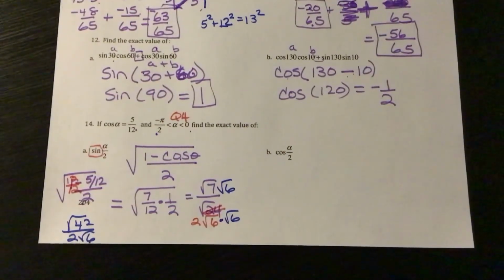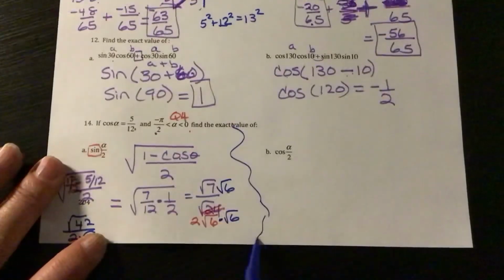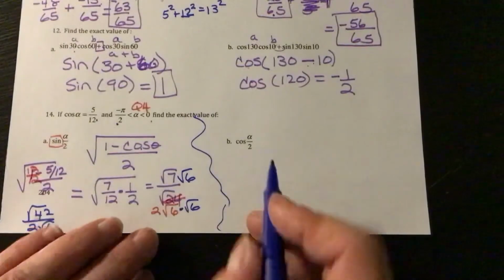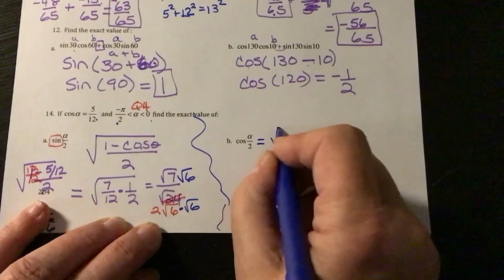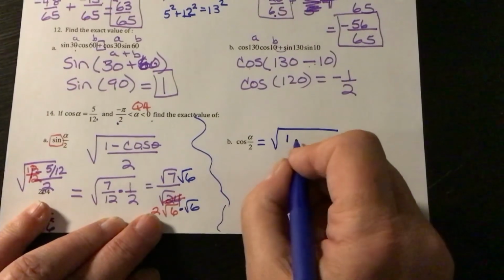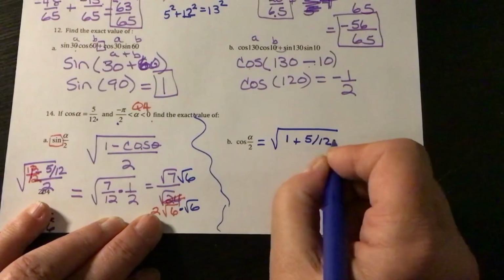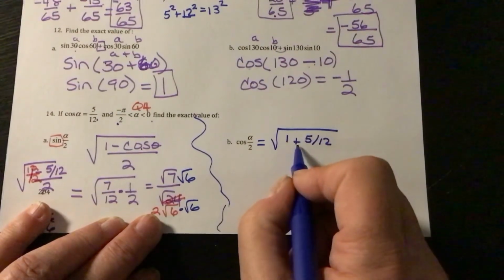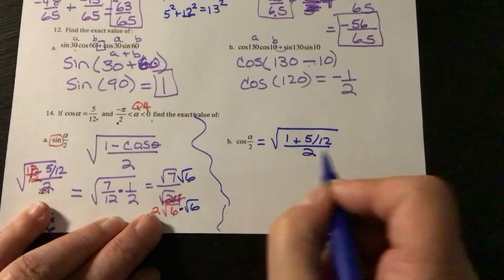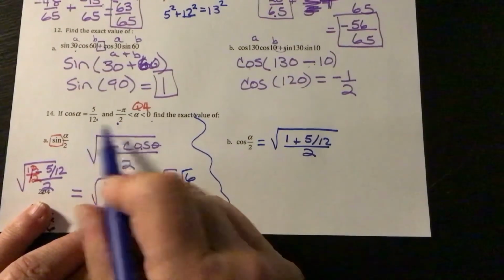Last one, cosine of half of the angle. So cosine of half of the angle, that formula is square root of 1 plus cosine theta divided by 2, and cosine theta is 5/12. So I just plug that in.